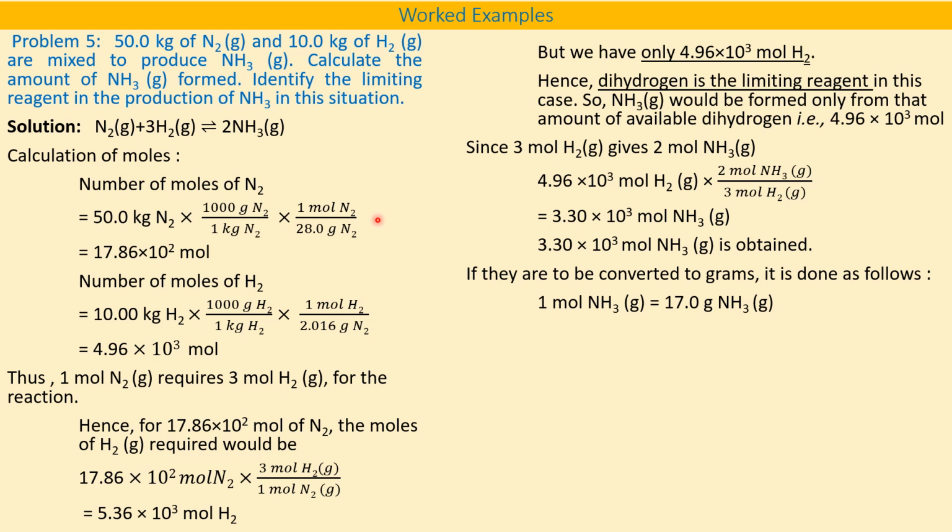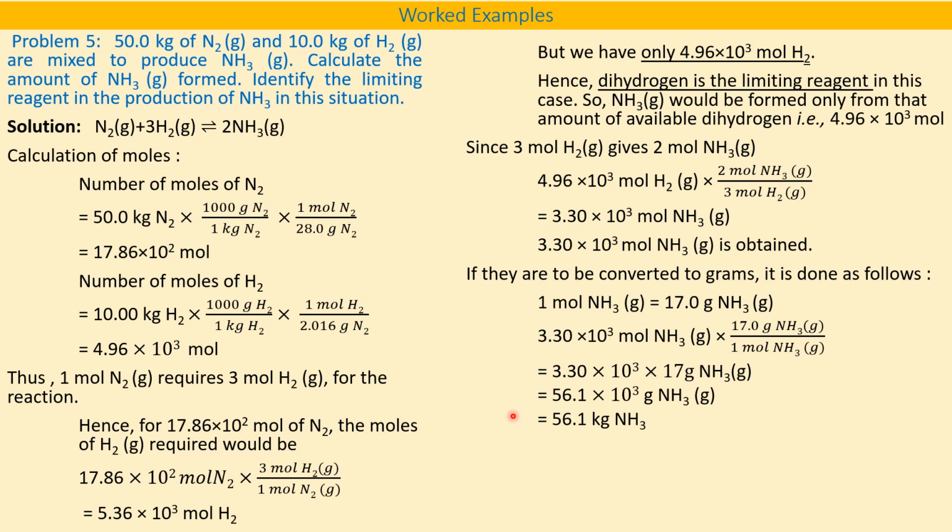1 mole NH3 equals 17 gram NH3. That is 3.30 × 10^3 mole NH3 multiplied by 17.0 gram NH3 divided by 1 mole NH3.